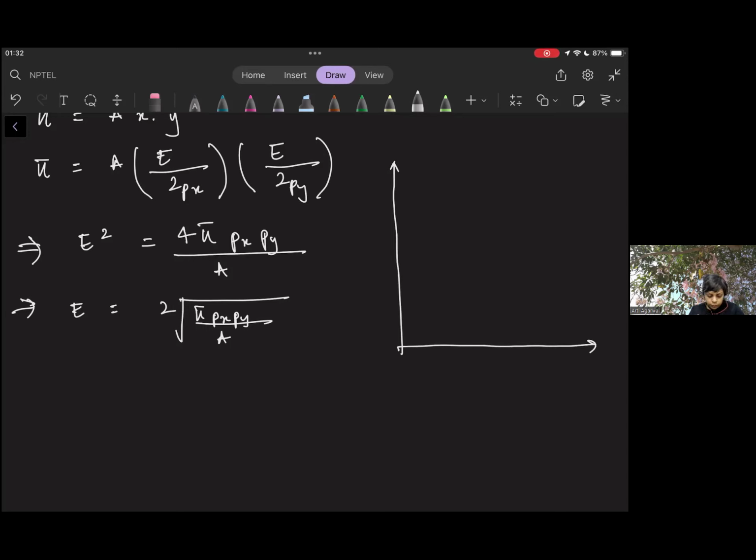let us say that this is your budget line, okay? And let me draw the indifference curve in a different color. So say suppose this is your indifference curve. Now in reality what is happening is your budget is going to change.